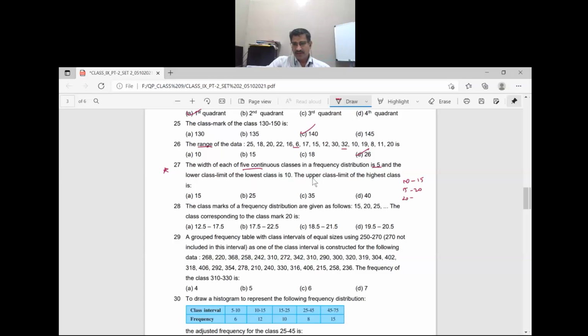These are the 5 continuous class intervals with class size 5. He is asking the upper class limit of the highest class. The upper limit of the highest class interval is 35.